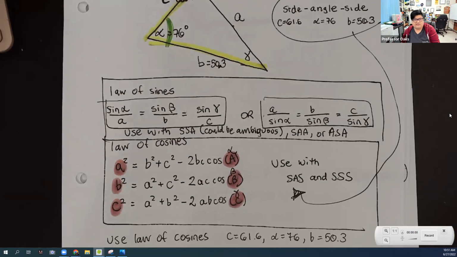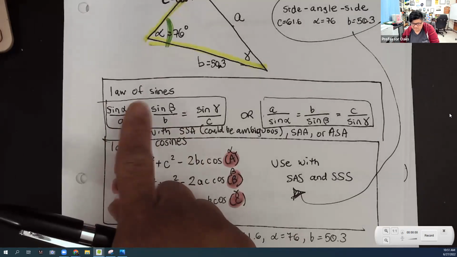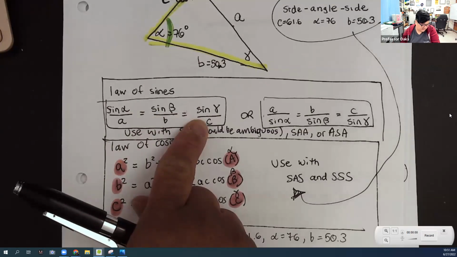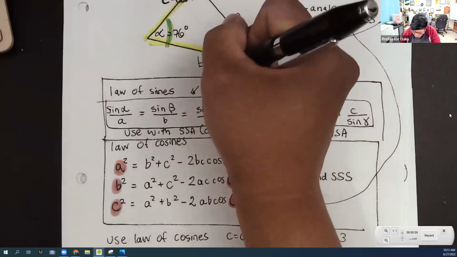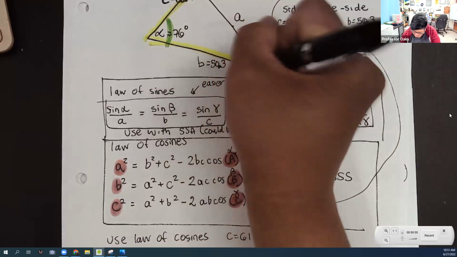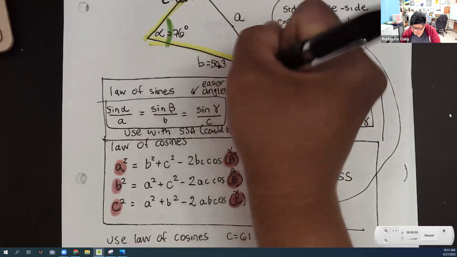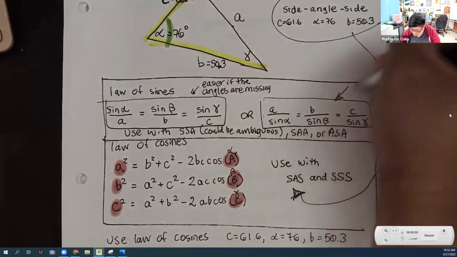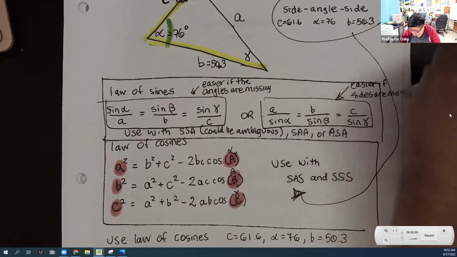I didn't think to say this before, but if you write it with sine of alpha, sine of beta, sine of gamma on the top, this is the way that would be easier if the angles are missing. And this other one would be easier if the sides are missing.